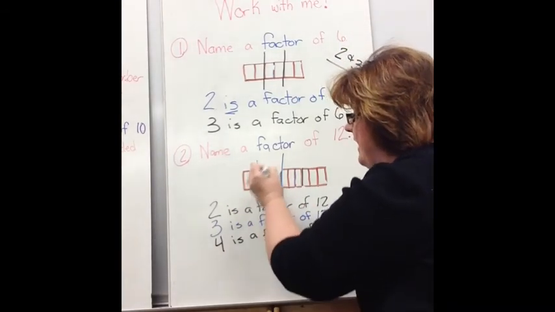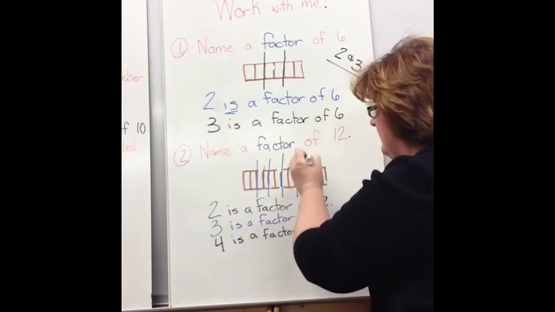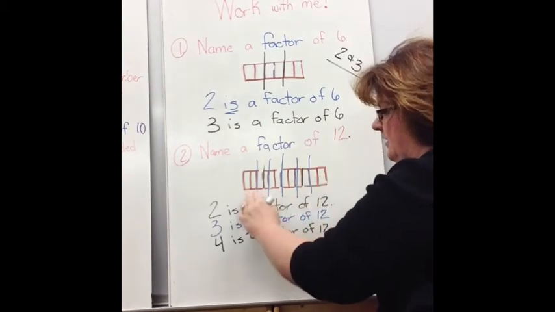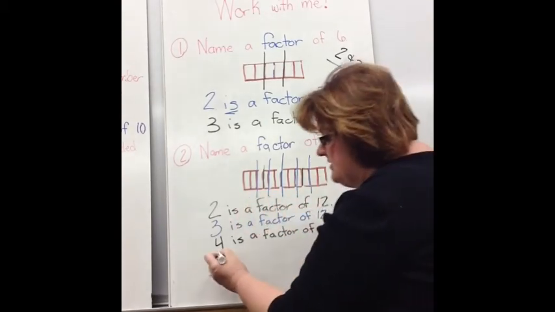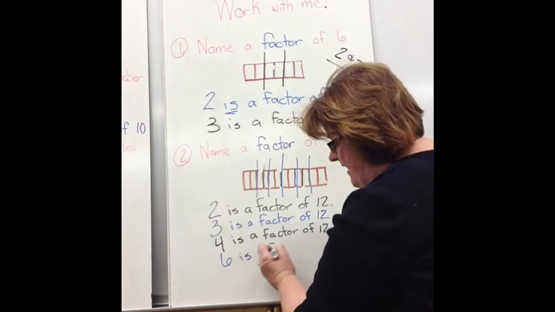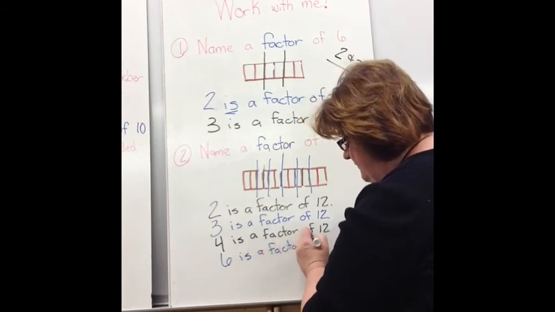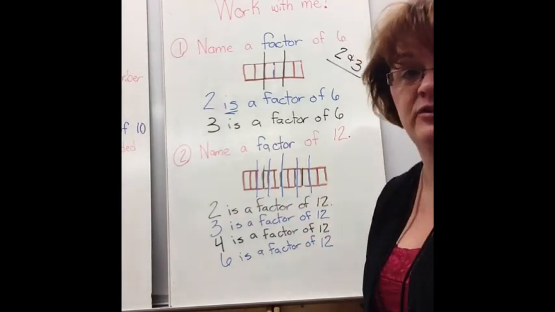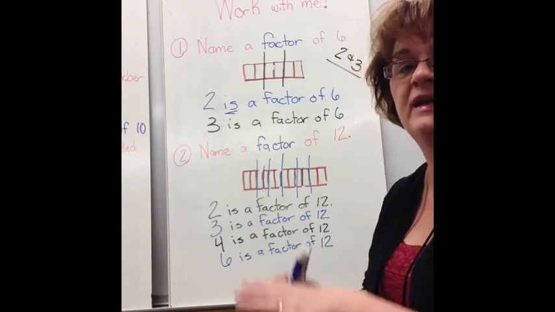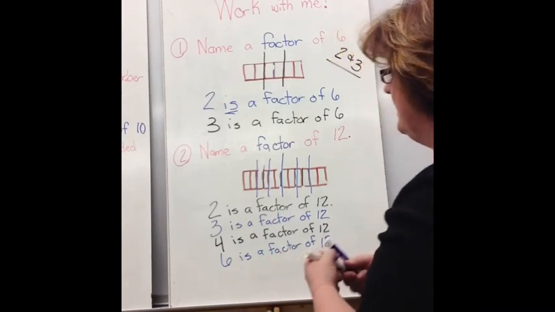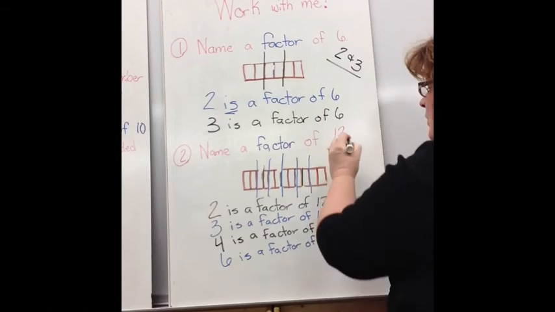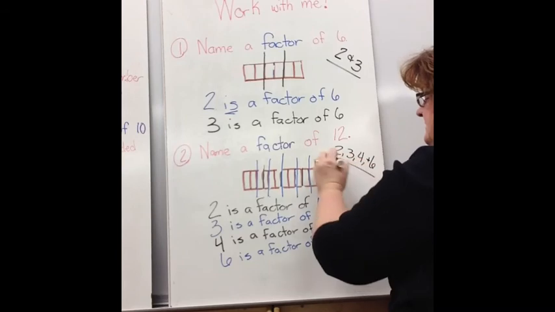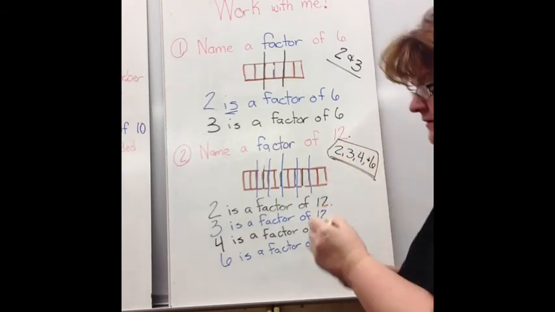So let me try that. 2, 2, 2, 2, 2, and 2. 1, 2, 3, 4, 5, 6. So 6 is a factor of 12. So you can see that this 12 has many factors, many numbers that it can be divided evenly into. So name the factor for 12. Well, it is 2, 3, 4, and 6. That is your answer.